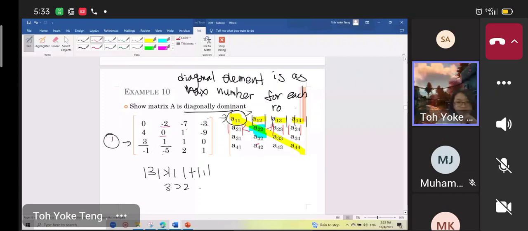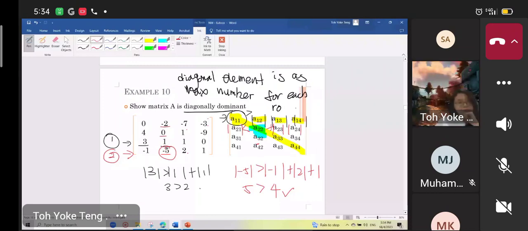Okay, we have a try here. As refers to here, negative 5 is greater than negative 1 plus 2 plus 1. So 5 is greater than 4. So this one is acceptable. So you can make it the second row since 5 is greater than 1 plus 2 plus 1 here. 5 is greater than 4. Betul kan?